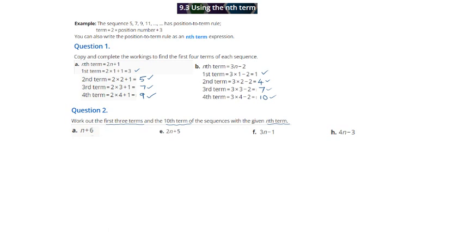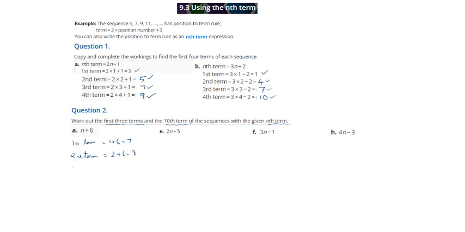Now, first term is equal to 1 plus 6 is equal to 7. The second term is 2 plus 6 is equal to 8.